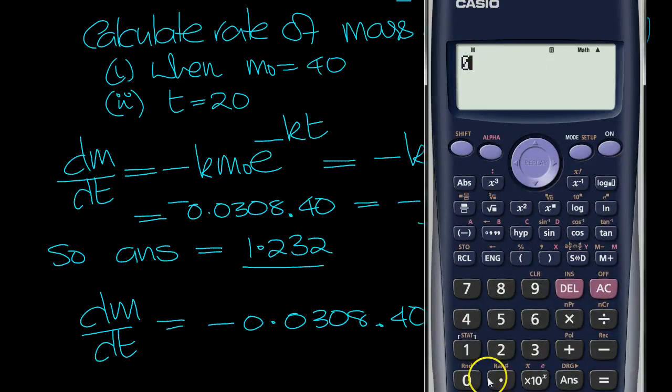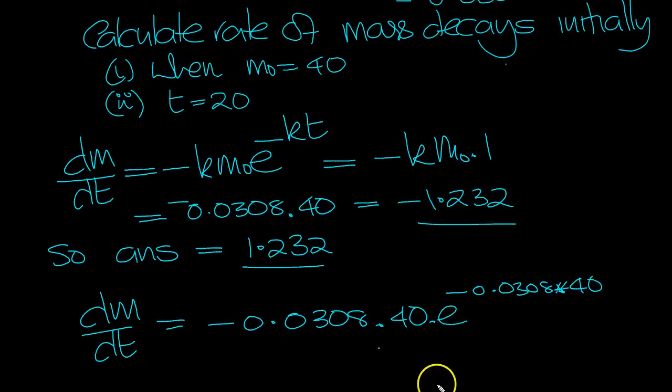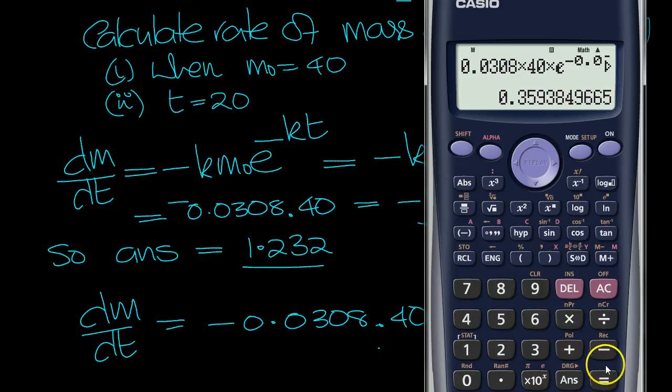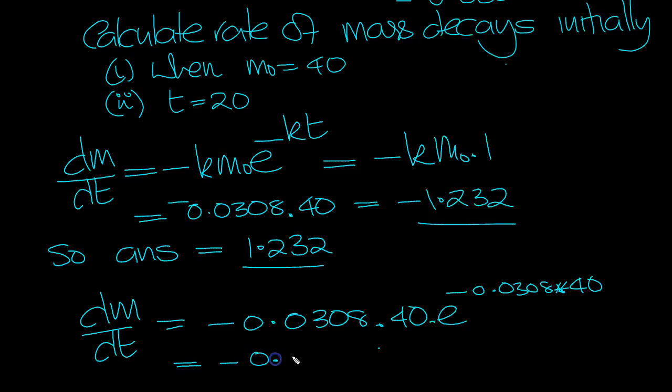I'll leave that negative there: 0.0308 times 40 times e to the minus 0.0308 times 40, 0.359 minus. 0.359 is what I got at the moment.